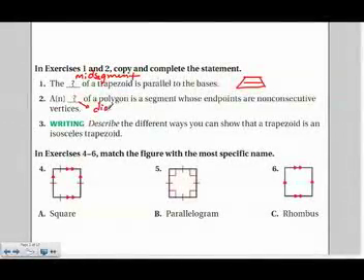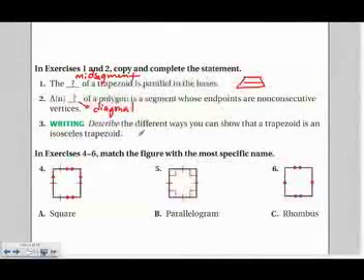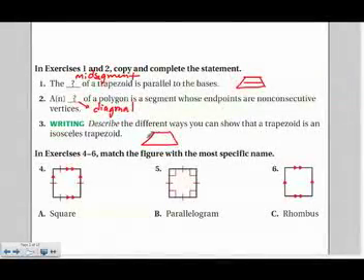That's the diagonal. Connects two non-consecutive vertices. Describe the different ways you can show that a trapezoid is an isosceles trapezoid. Well, you can confirm that this segment is congruent to this after you've first proven these are parallel. That is one way. I'd like for you to come up with some other ways on your own.